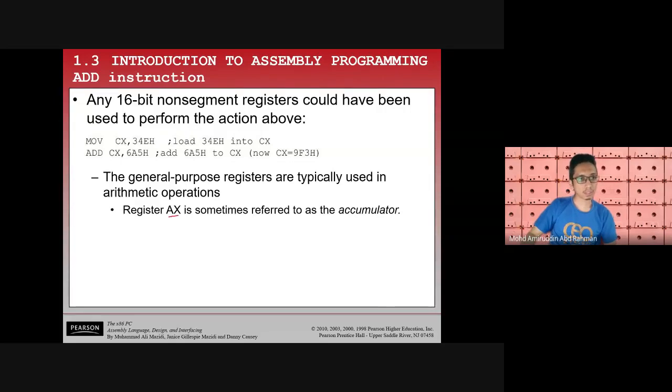The register AX sometimes is called the accumulator. So usually we use the AX to perform the accumulation function.